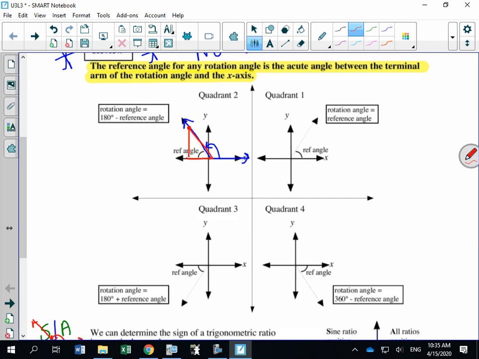You will always get an acute triangle, and this would be your reference angle in quadrant 2. Quadrant 1 is sort of special because in quadrant 1, if I was to make my triangle, here would be my triangle, the reference angle is equal to the rotation angle. So if the reference angle, let's say this was 70 degrees, and I said, well, what's that rotational angle? It's also 70 degrees.